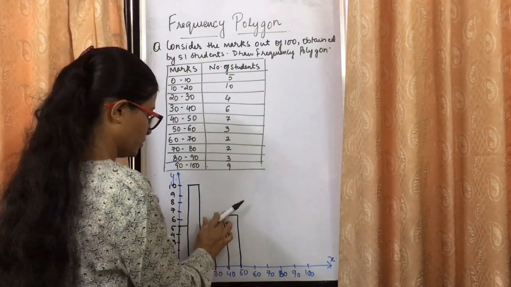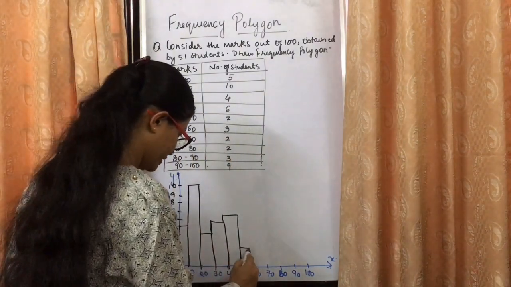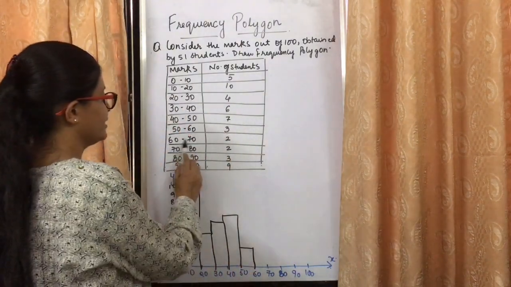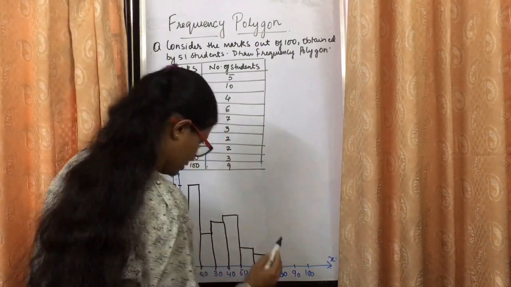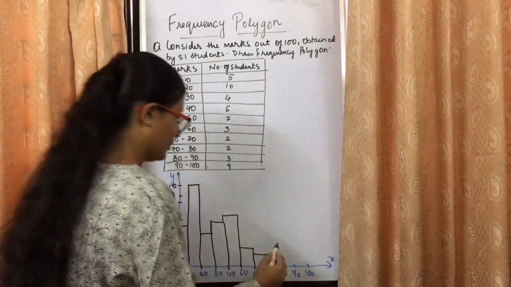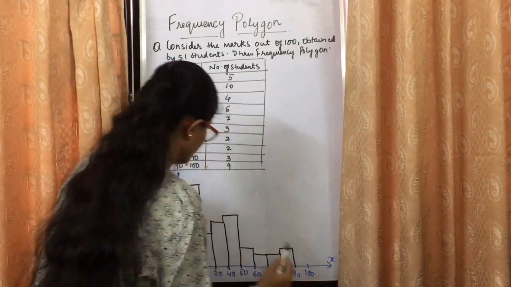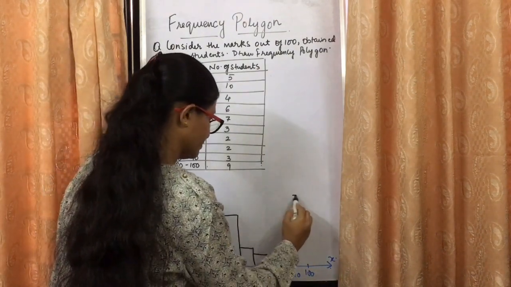Now 50 to 60 I have 3 students. So we'll be plotting the data for 3 students. 60 to 70 again we have 2. 70 to 80 we have again 2. 80 to 90 हमारे पास 3 हैं. Then 90 to 100 we have 9 students.